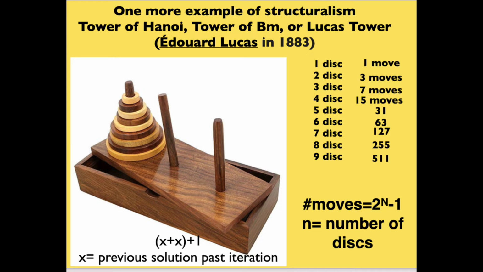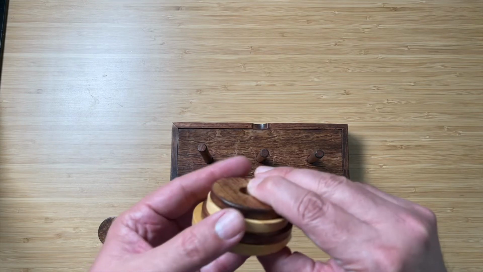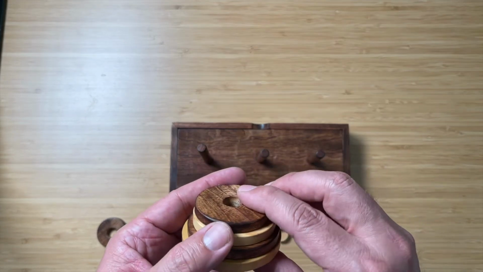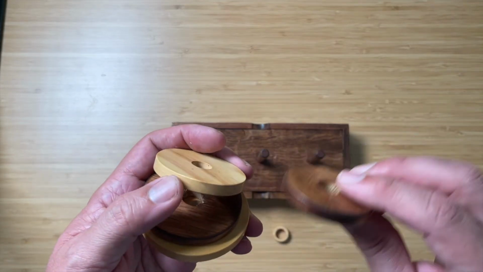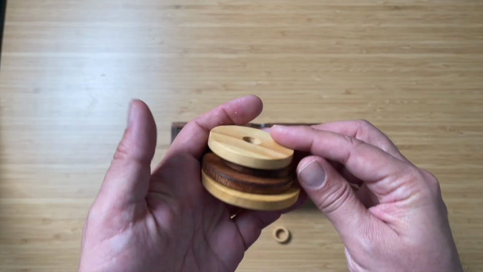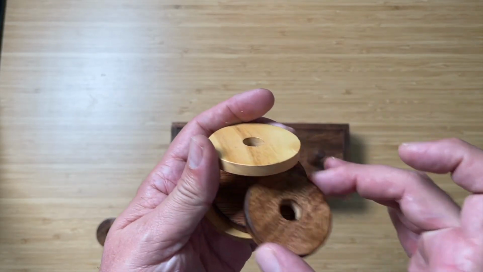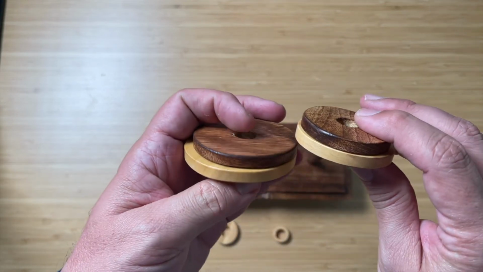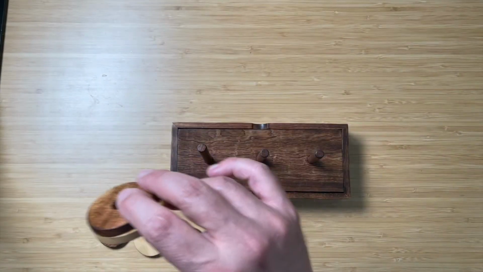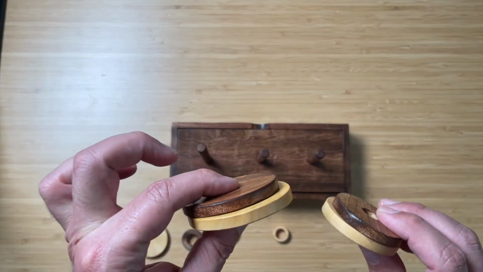Now the solution is simple. It's this. And it has to do with the colors. And you notice that I can never put a bigger one on a smaller one. So always, wherever they are, the smaller discs are on top of the larger discs. So there's multiple ways I have to shuffle them in order for that to happen.